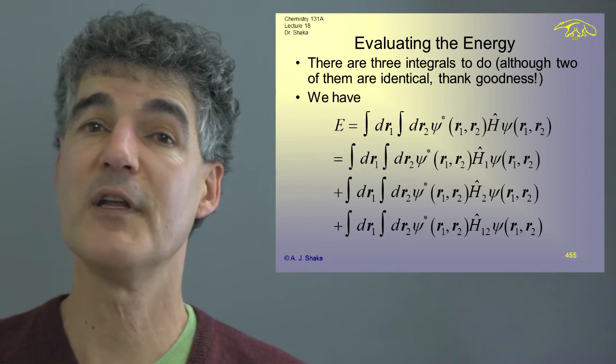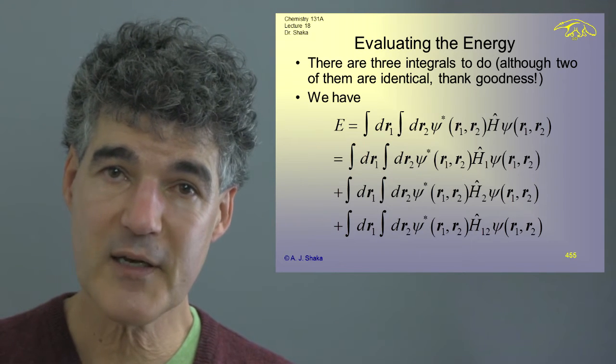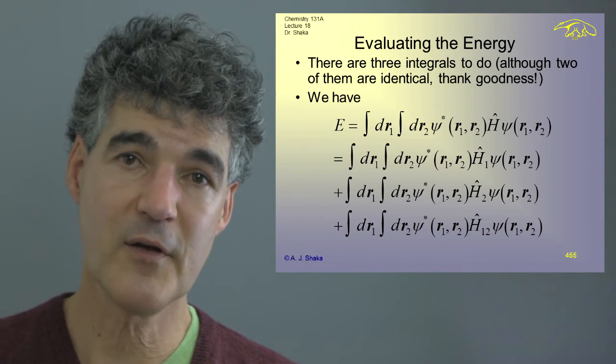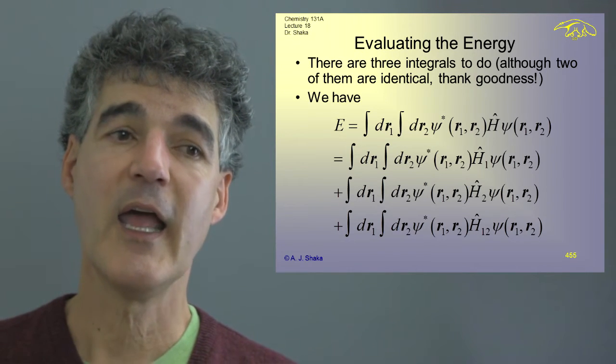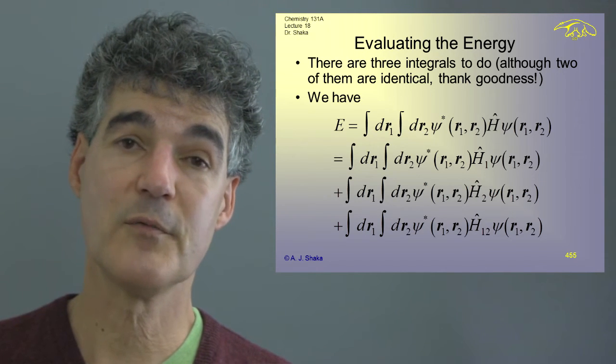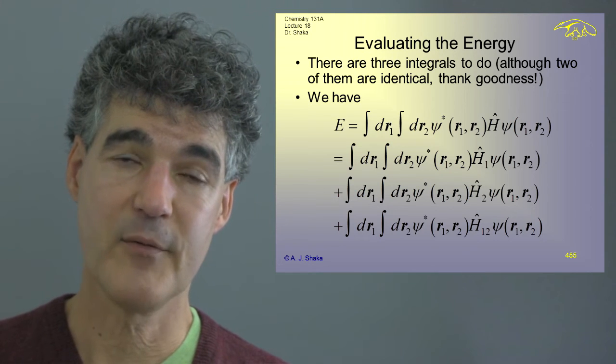And that breaks into three terms. The integral with h1 sandwiched in between, the integral with h2 sandwiched in between, whatever they are, they're the same, no difference between 1 and 2. And then the repulsive integral with h12, which is just 1 over r12 sandwiched in between, which we saw how to do.